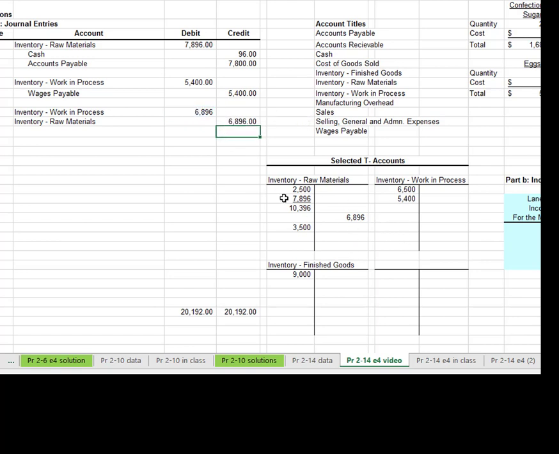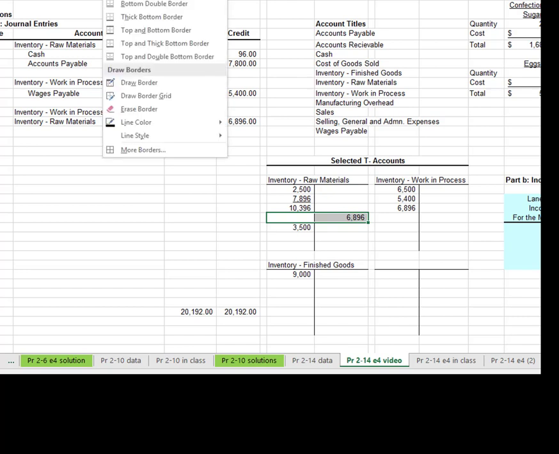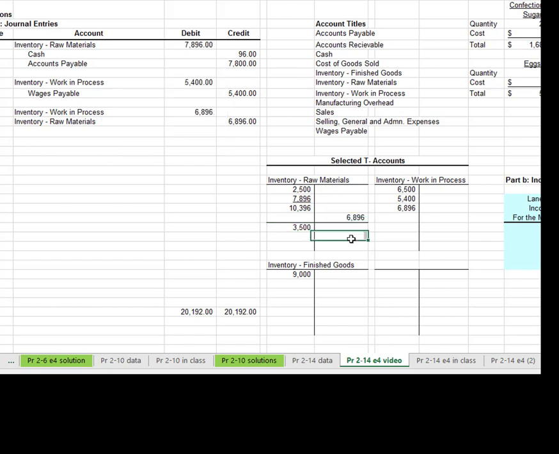So I've already got this one posted right here. I'm going to debit the work in process inventory for that 6,896. Now my raw materials T account is up to date at the end of the period, so I'm just going to draw a bottom border there. There's my ending balance of raw materials inventory.